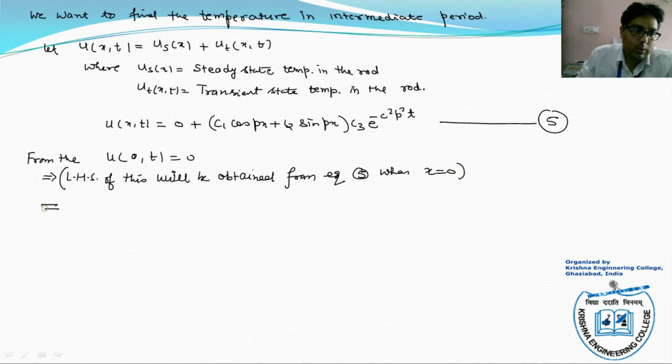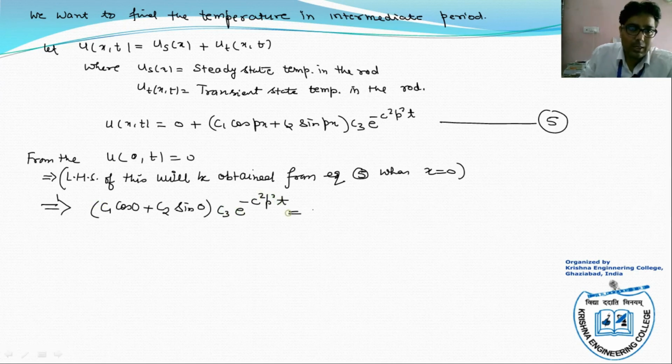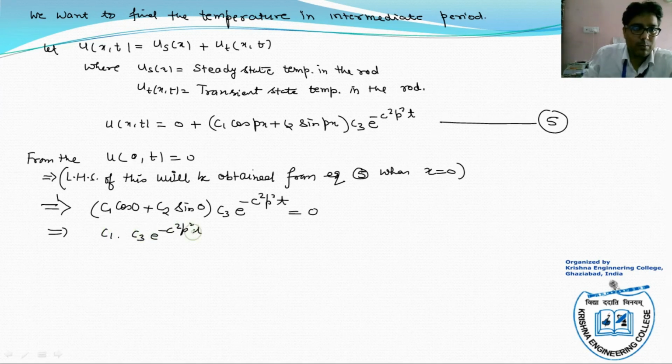So the value of u(0, t) is (C1 cos 0 + C2 sin 0) into C3 e to the power minus c square p square t, which is equal to 0. So this becomes C1 into C3 e to the power minus c square p square t. This is the total term.